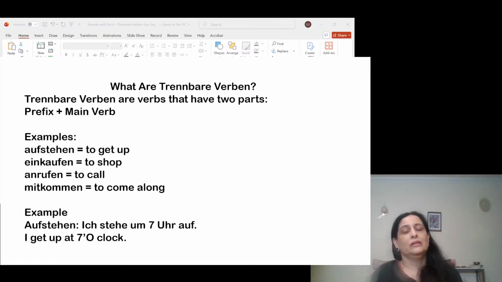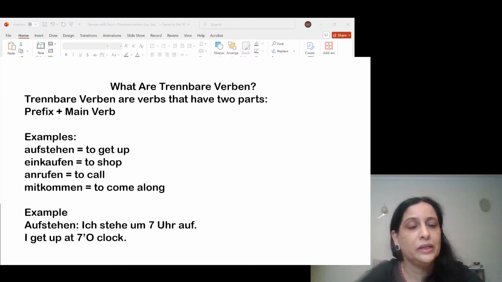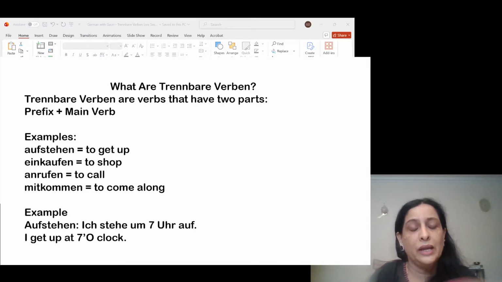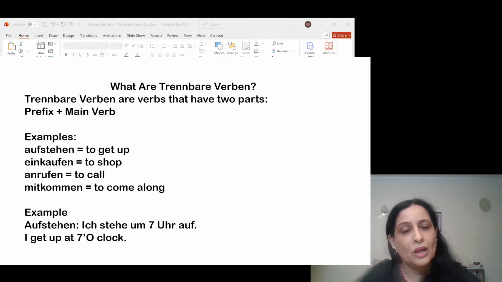Now, the first one is, as we have seen earlier, aufstehen. It is to get up, right? So how will we use this verb in a sentence? That we are going to see here. It will be: Ich stehe um 7 Uhr auf.